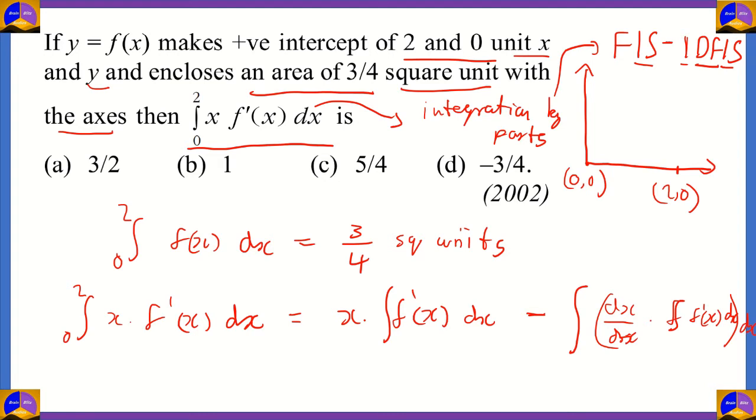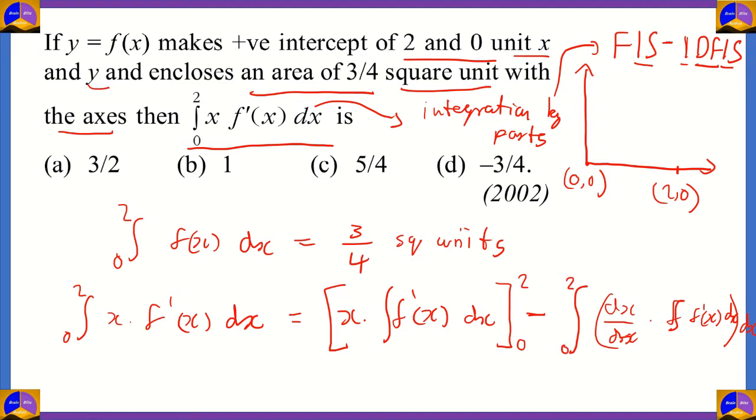Now this is the scenario when you do not have limits, but in this question we do have limits. So when you are having limits, it's important to note that the FIS part will have a limit across all of the terms. So the first function and the second function both have limits. And for the second integral part, that is ID FIS, you will only have the limit on the larger integral.